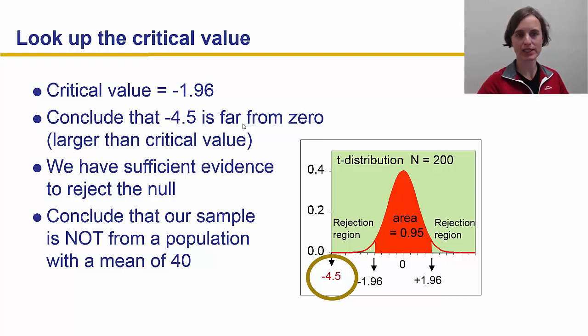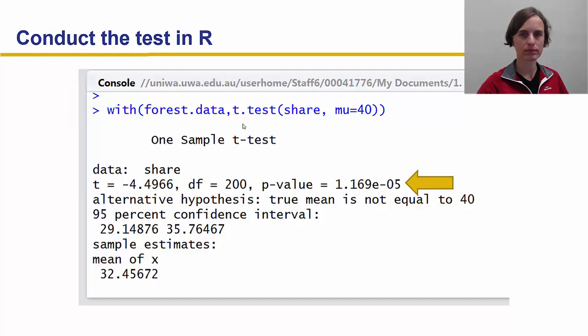Now you're going to practice this t-test in the tutorials, and I highly recommend practicing them several times because the first time is always a bit confusing. Now, instead of doing it by hand, there's also plenty of statistical software you can use, and you use R in this unit.